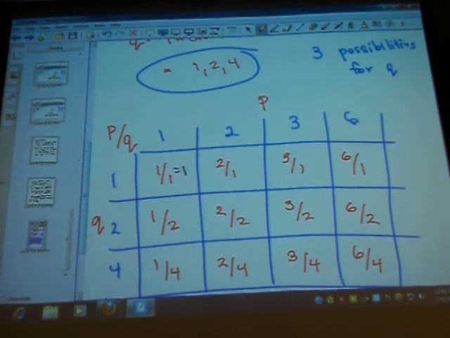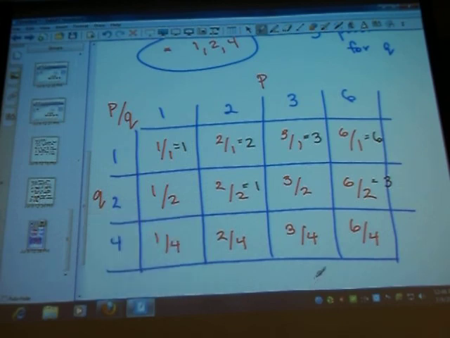So 1 over 1 equals 1, 2 over 1 is 2, 3, 6. 1 half is just 1 half. 2 over 2 equals 1. 3 over 2 is just 3 over 2. 6 over 2 reduces to 3. 1/4 would stay 1/4. 2 over 4 reduces to 1 half. 3/4 is 3/4. 6 over 4 reduces to 3 over 2.